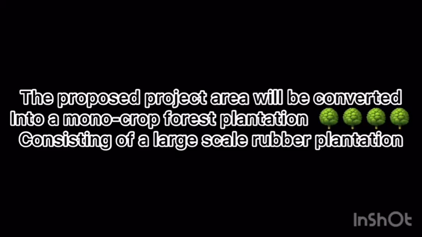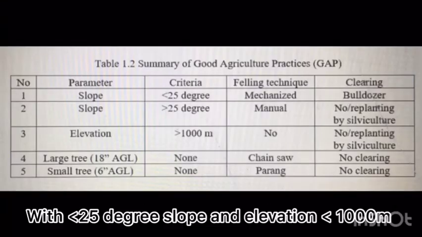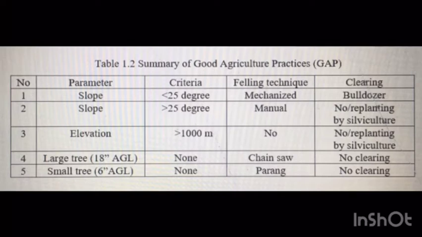The proposed project area will be converted into a monocrop forest plantation consisting of a large-scale rubber plantation to produce rubber timber, woods, and latex. The conversion will be carried out on lands with less than 25 degree slope and at elevation less than 1,000 meters above MSL.